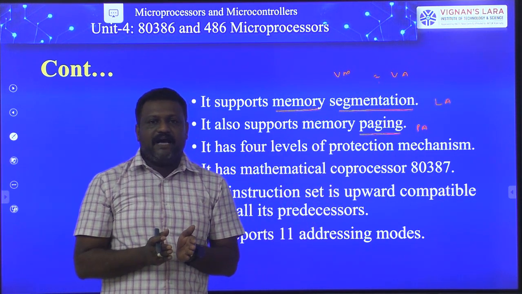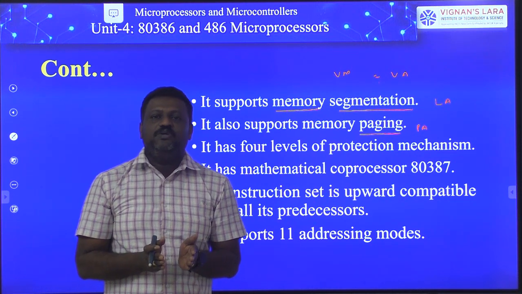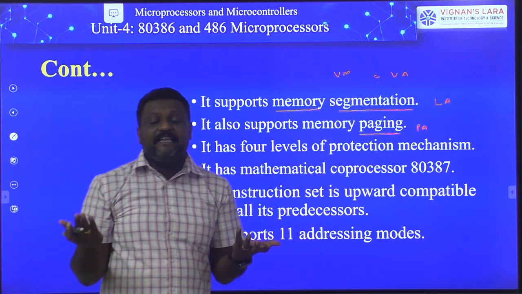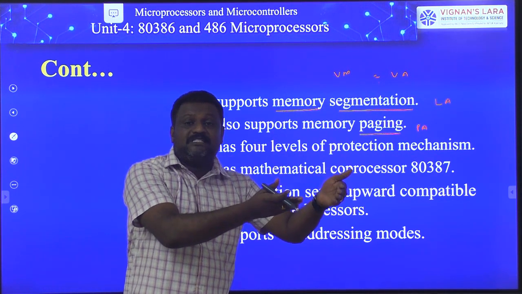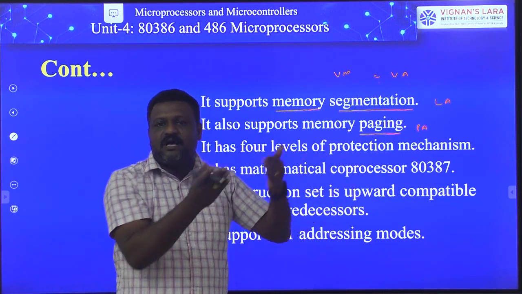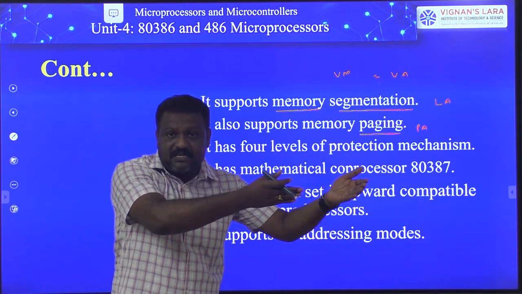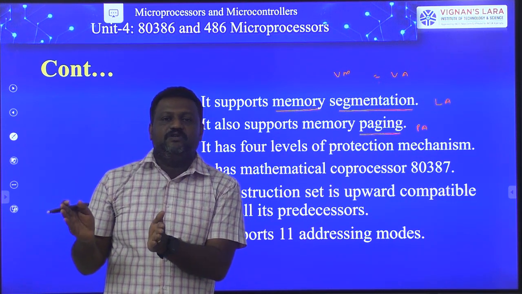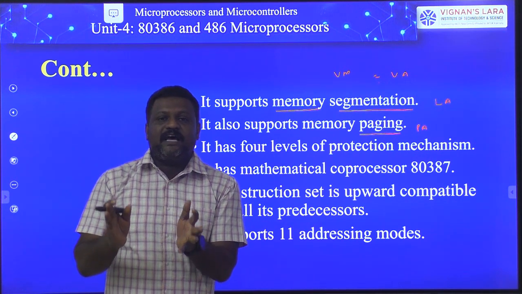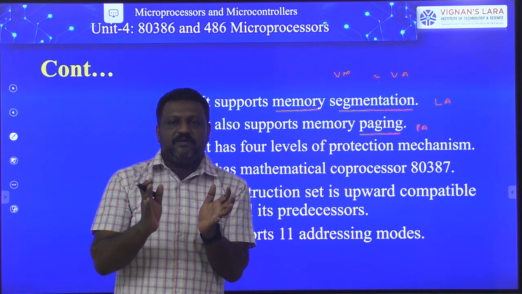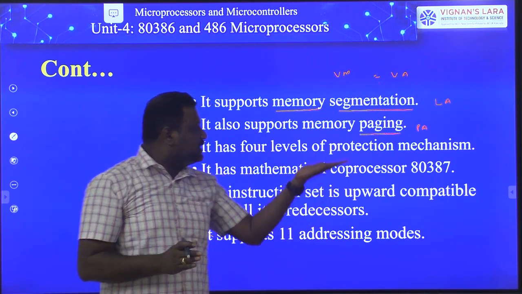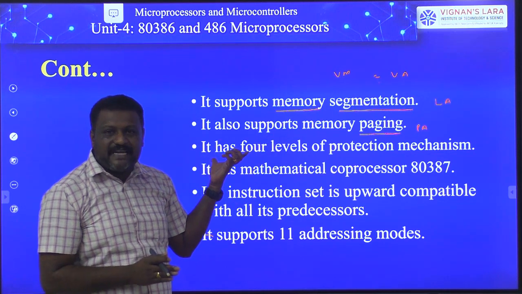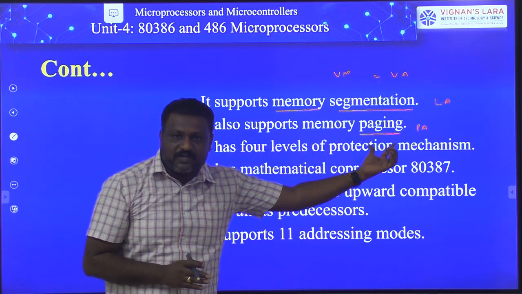Along with that, some portion of memory is dedicated to user programs. So once you have this protection mechanism, the user is unable to access the information in the OS, or in the OS kernels, or in the device drivers. The user can access only the space that was dedicated to the user. Due to this, the security of the information of your system is higher. So that is possible in the case of the 80386. So the 80386 supports 4 levels of protection mechanism.